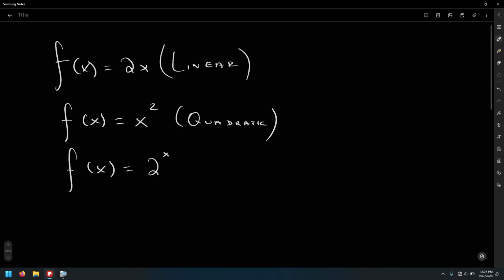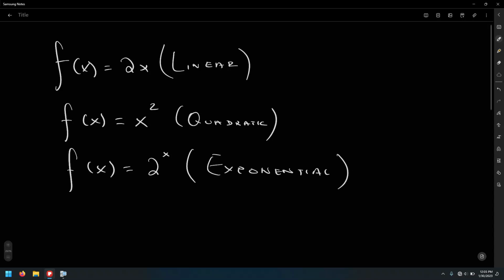However, the latter one, f of x equals 2 to the x, is where the variable plays the role of the power and not anymore a number. So now we have a numerical base and the exponent is the variable. In this case, we call this exponential. They're all functions, right? It's understood that they're functions.